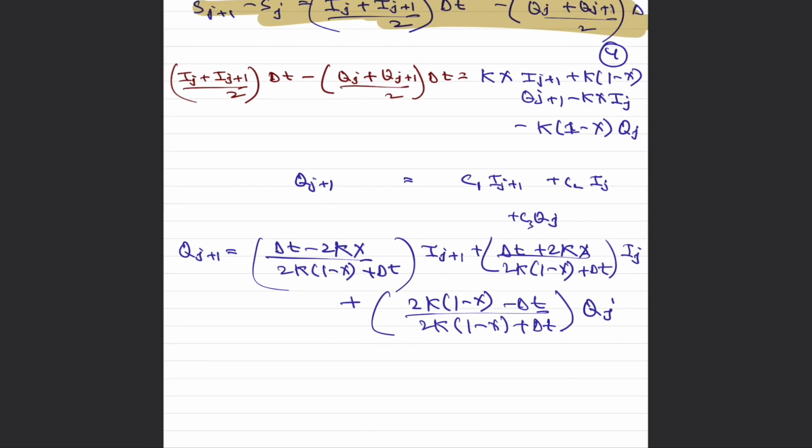So we are not doing anything special. We have just retained the term of Qj plus 1 on the left hand side and took everything else on the right hand side and determined their coefficients.